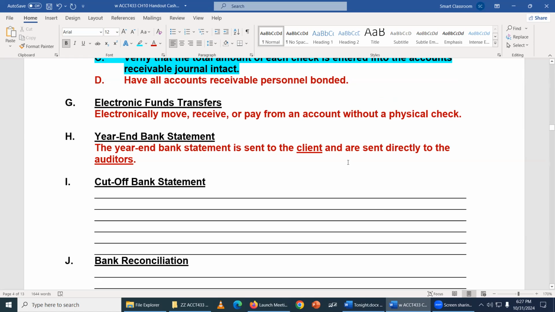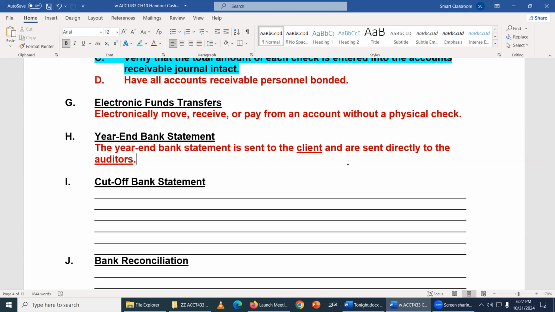And this is a very common practice. The cash is so important that it's a standard auditing procedure to have the year-end bank statements sent to the client, obviously, whoever owns the account gets a bank statement, but also it's sent directly to the auditors.